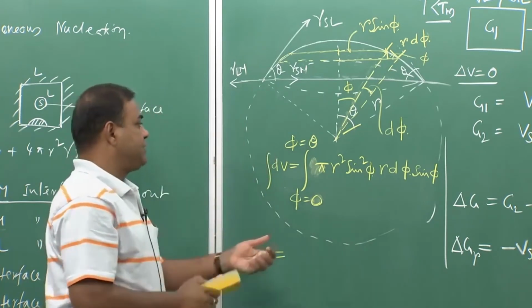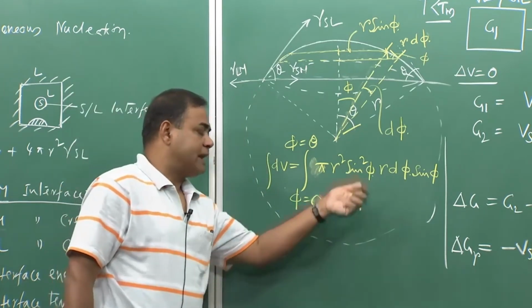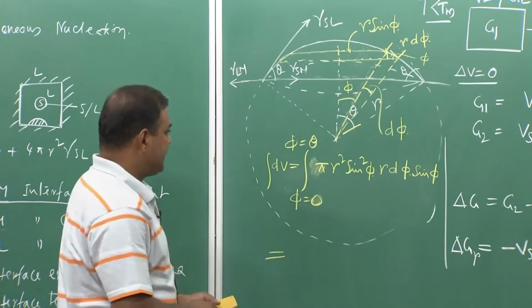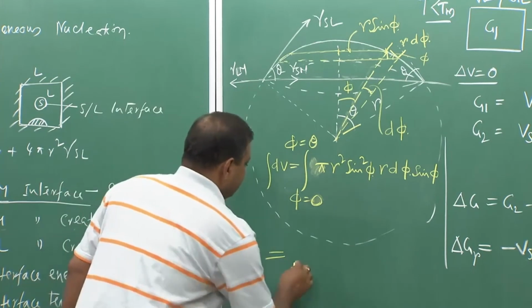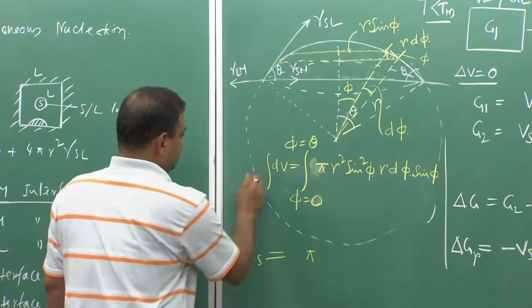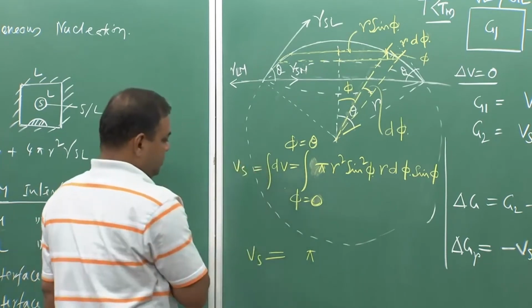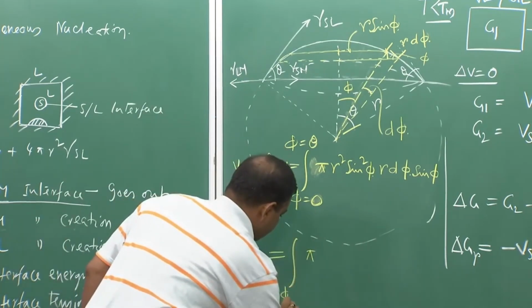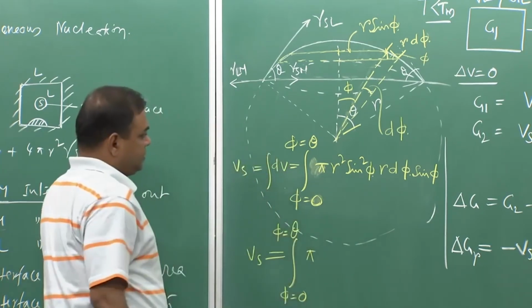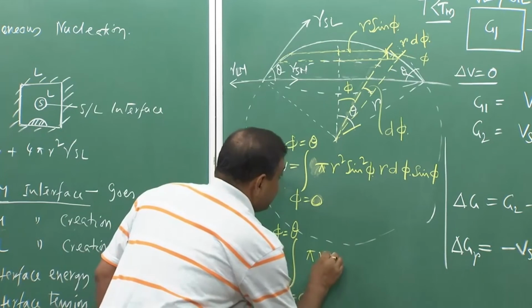Should I leave it for you to do the calculation, or okay, let me do this particular calculation. This is Vs now, pi r cube.